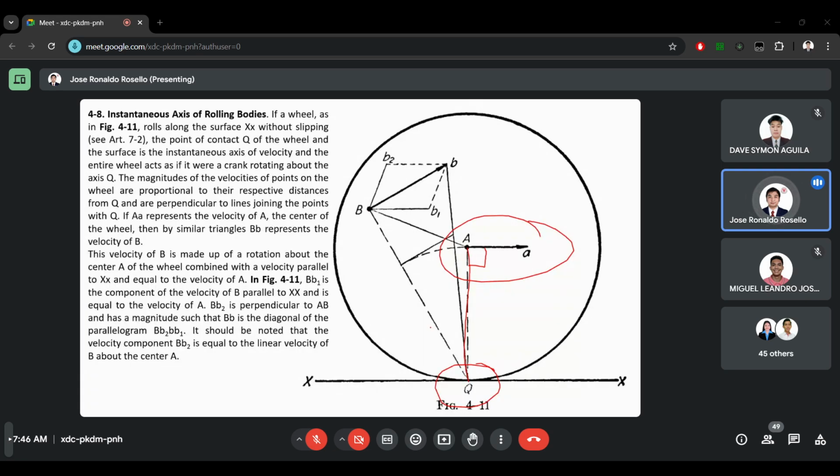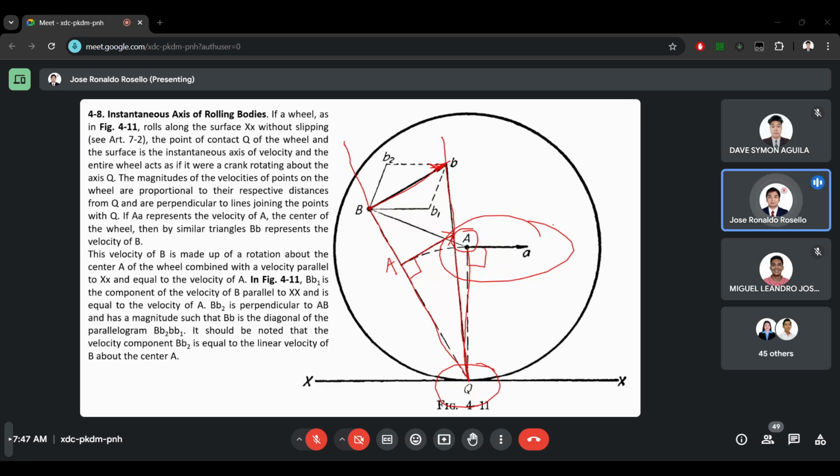Let's make another line from Q going to the point B. Then let's project this point A here. Let's copy the vector, which is perpendicular, this one. Then let's make a triangle from Q passing through A going to B. And now let's just trace from point B going to this similar triangle proportionality line. We already have velocity B.